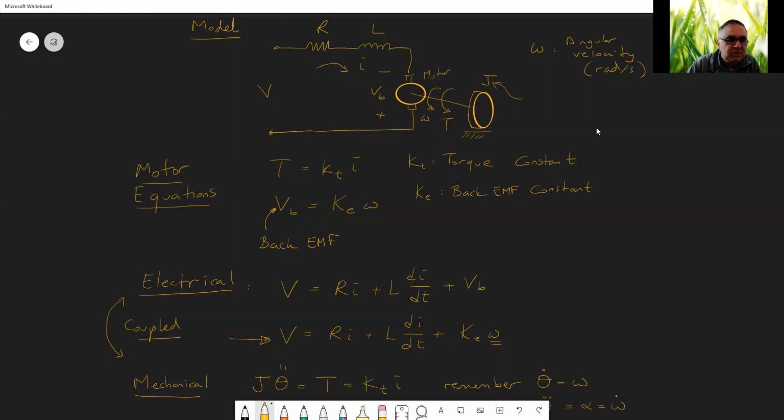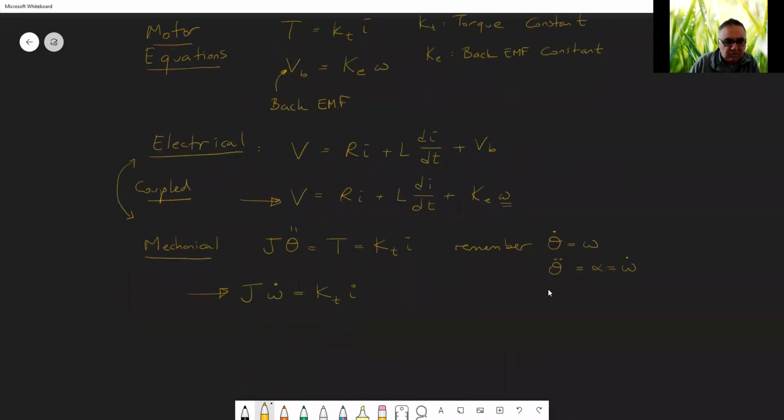Secondly, there might be some friction over here, let's say viscous friction. In which case, you might add one more term to your equation. If there is viscous friction in the motor and you want to model the energy dissipation, you would have J omega dot plus, let's say, Dt times omega equals Kt times I as your defining equation.